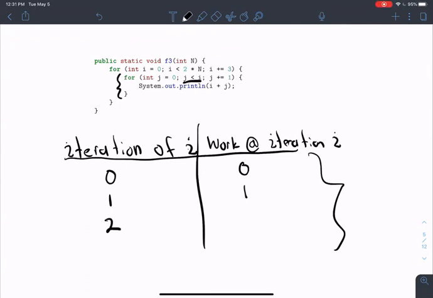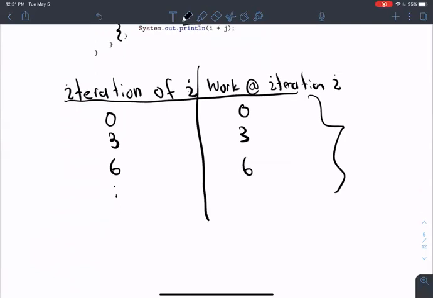Wouldn't i only be in increments of 3 since the outer loop is 3? Oh yeah, you're right, thank you. So i will be 0, 3, 6, and so on. When i is 3, the work is 3. When i is 6, what's the work at that iteration? 6. Yeah, okay, I think we get the pattern here.